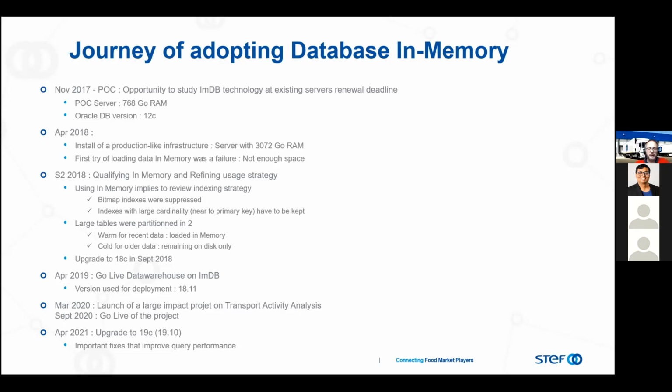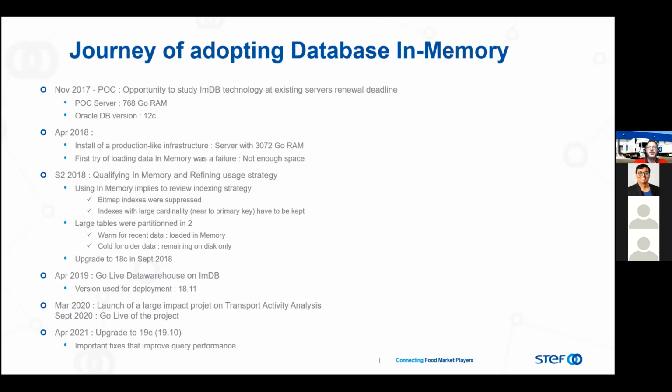Before adopting in-memory, the size of indexes was the same as the size of data in our Oracle database. When going to in-memory, we suppressed all the bitmap indexes, and we only kept indexes with large cardinality, so near a primary key for each table.